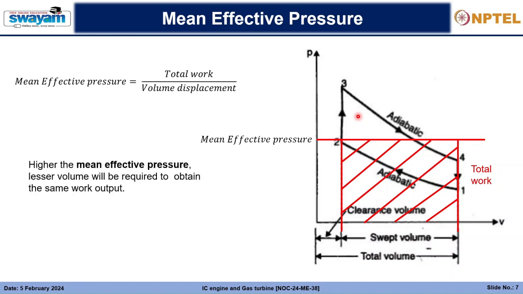In lesser volume, you will get the higher work output. For a higher mean effective pressure, you will require lesser volume for the same work output. That's the comment you can give by mean effective pressure, and it is quite useful. You cannot do the thermodynamic calculation everywhere, right?